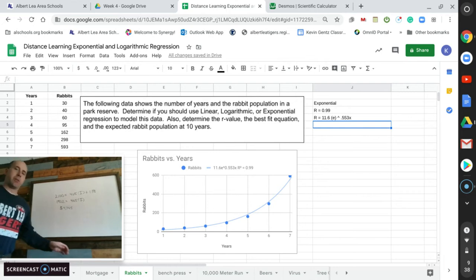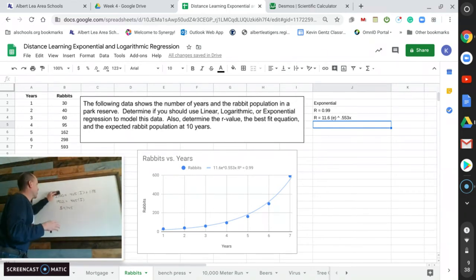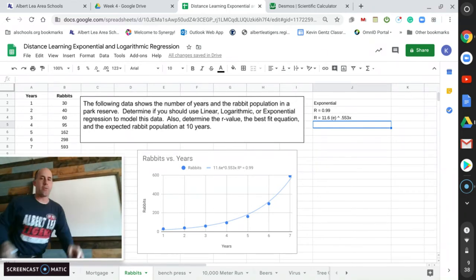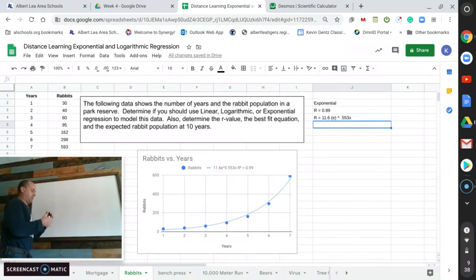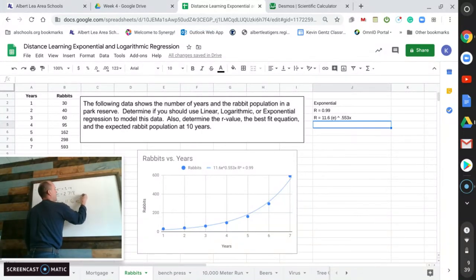E is a special number that we use in growth situations like this. Here we have rabbits. And E is a number that occurs in nature. We say it's 2.718. So kind of like pi is 3.14. So it says that rabbits is equal to 11.6 times E, and it's raised to the 0.553x.